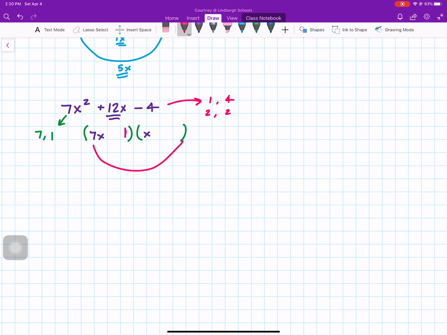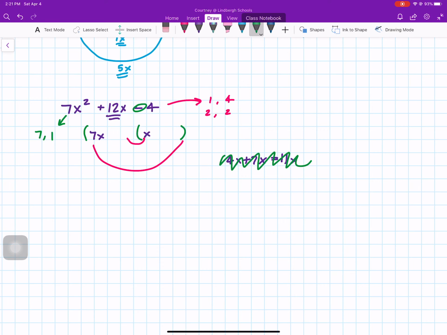So what if I put 4 here and 1 here? So I have 4x, and then I have 7x. And now I have to think, is there any way that 4 and 7 can give me 12? Well, 4 plus 7 is 11, which is not 12. And one of these numbers has to be a negative because it's negative 4, so that doesn't work out well either. So that means that 4 and 1 don't really work for me.